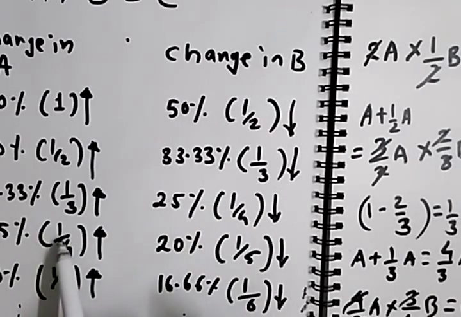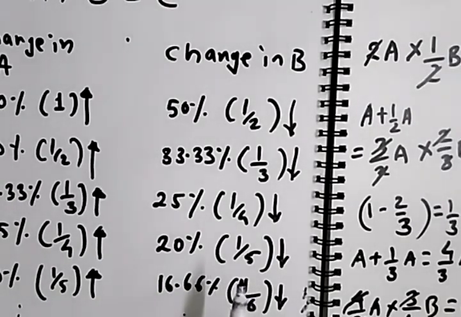Now here A is getting increased by 1/4, B is getting decreased by 1/5. A is getting increased by 1/5, B is getting decreased by 1/6. If A increases by 1/6, B will decrease by 1/7. If A increases by 1/7, B will decrease by 1/8. In general, if A increases by 1 upon n, B will decrease by 1 upon n plus 1.